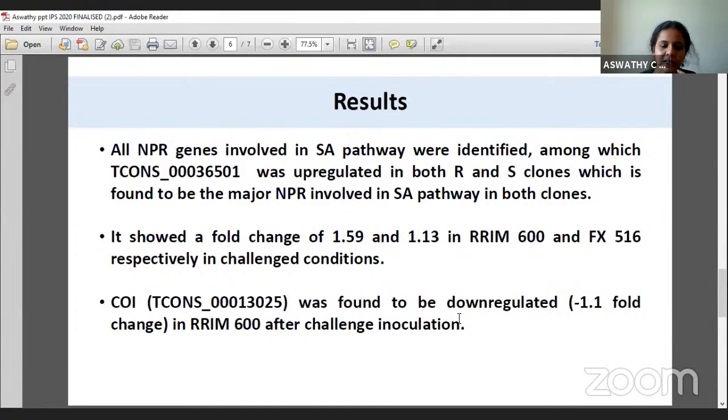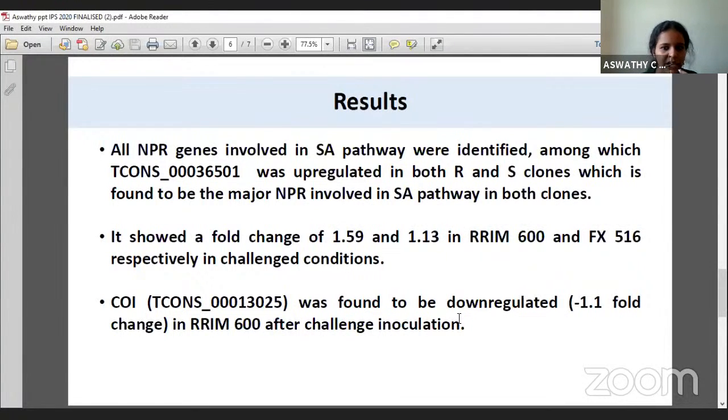It was found that two NPR genes showed high upregulation in diseased conditions, and their corresponding fold change values are provided in the slide. It is identified that these NPR genes are mainly involved in the salicylic acid pathway.